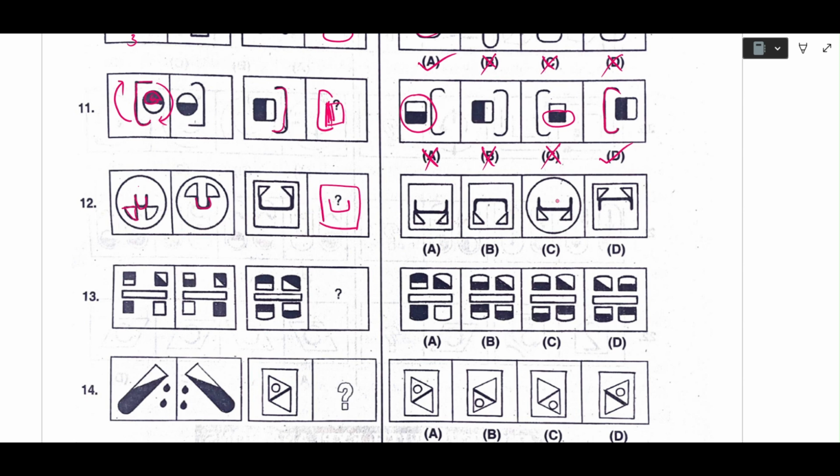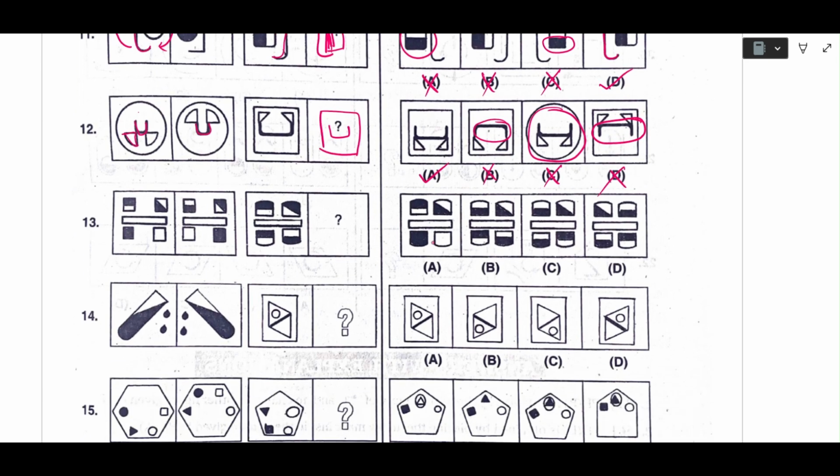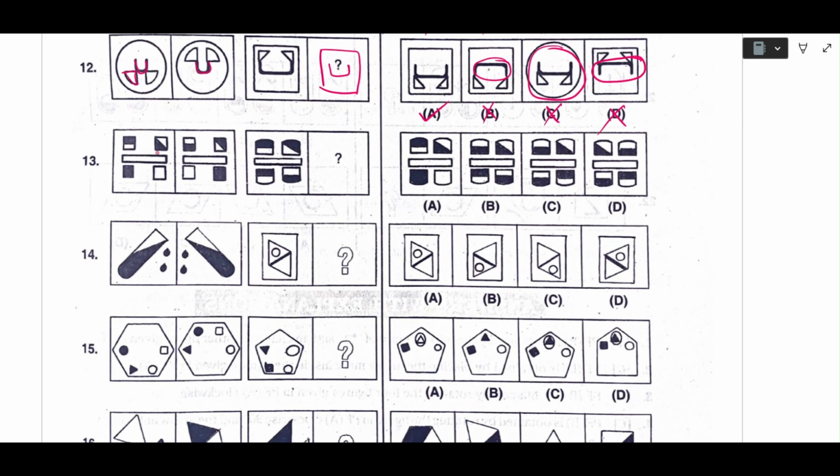First of all, here we got a circle, so we are eliminating this. U should not be changed, but in B, U got changed, so B is eliminated. Here also U changed, so D is also eliminated, and these triangles came down in A. So we are selecting A as our correct answer. Let's look into problem number 13.